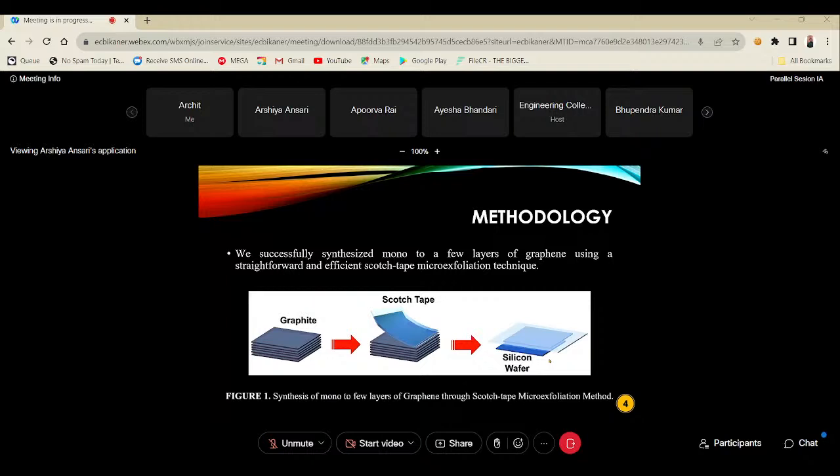First we took a graphite crystal, which is the bulk form of graphite, and then we used scotch tape to separate the layers of graphite onto the tape. By doing this again and again through various iterations, we finally get few layers or maybe a monolayer of graphene, which we transfer from the tape onto the silicon wafer.